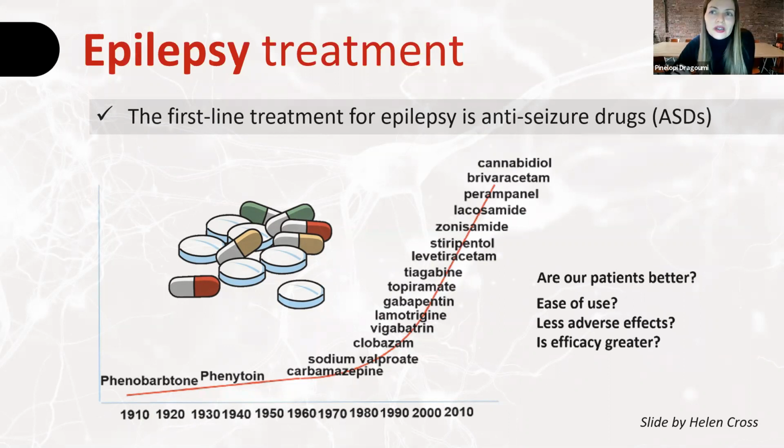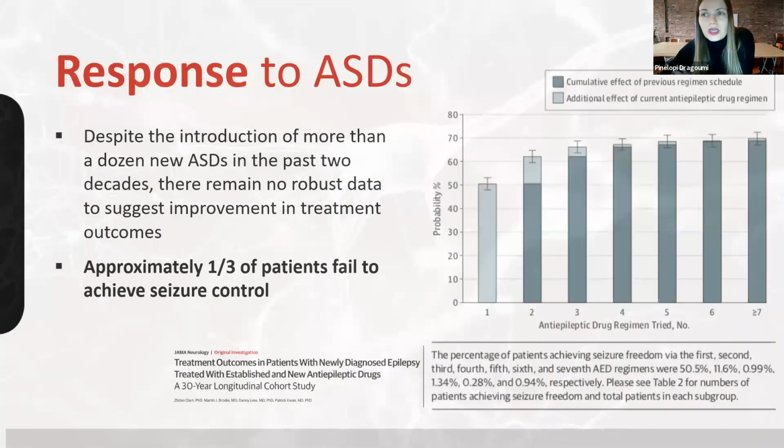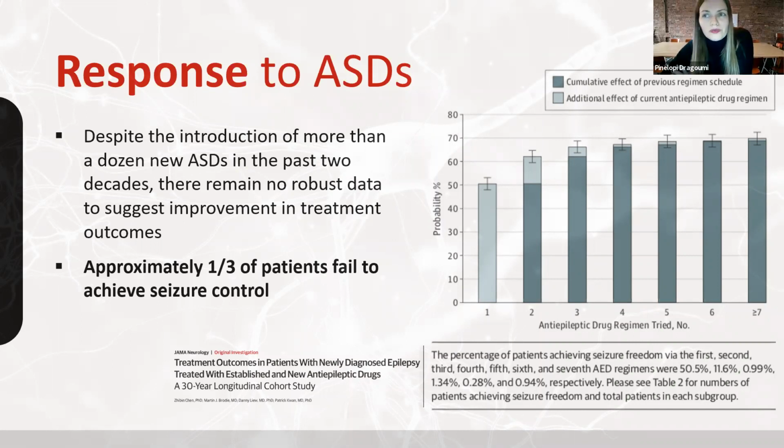The answer here is not very straightforward, because of what the response to these anti-seizure medications is, and whether we have better control of seizures over time with all these new medications. I think we're not there yet with drugs, because approximately 1/3 of patients fail to achieve seizure control. This is the same as when we didn't have all these drugs available to use.